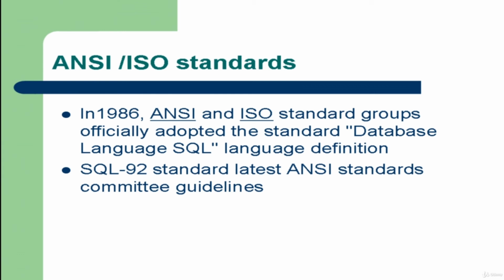Basically, ANSI is a committee which forms guidelines or frameworks for setting the standards. Now ISO also has its own standards. So in 1986, both ANSI and ISO adopted the database language SQL definitions. Currently we have SQL 92 standards.